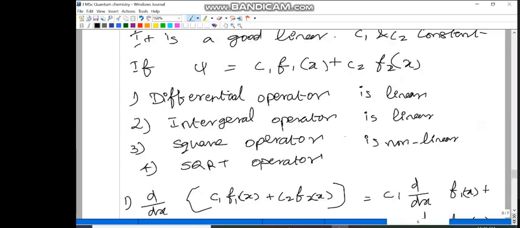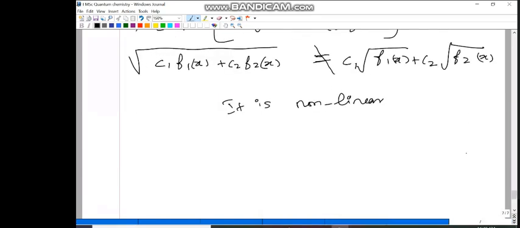Here the differential is linear and integration also linear, but square as well as square root both should not be equal.